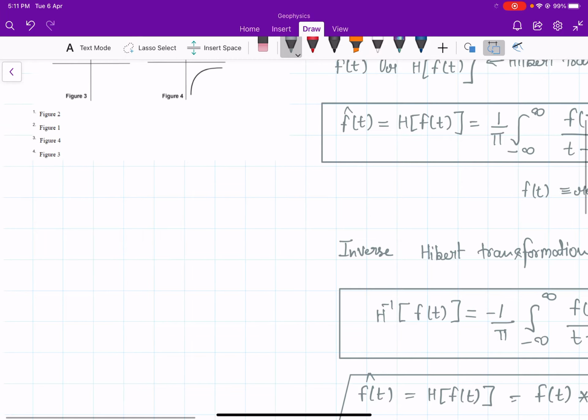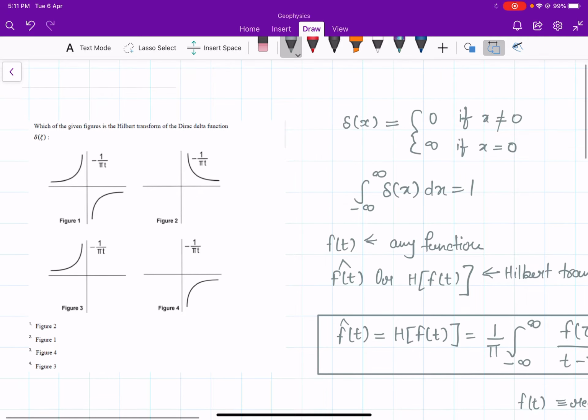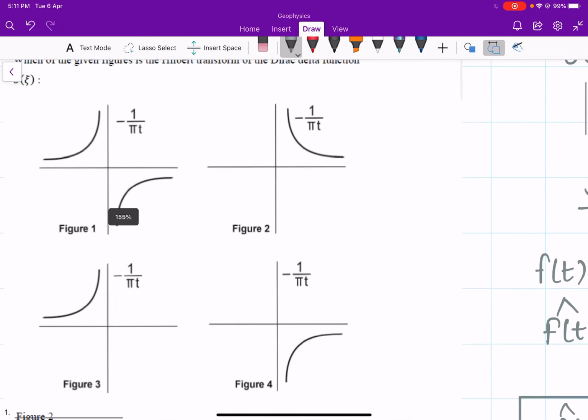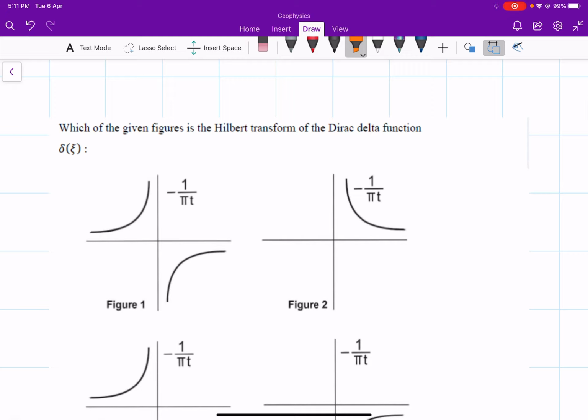Now moving towards our problem, we have to find the Hilbert transformation of the Dirac delta function.